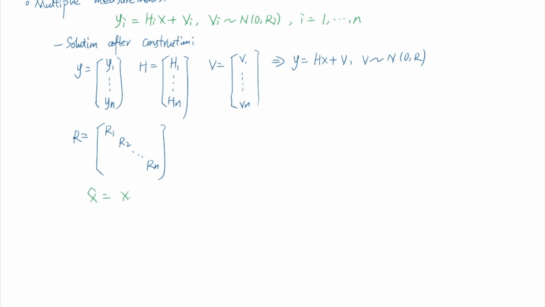In this case, we can just directly write the expression for the optimal estimate in the same format as the previous one, because we did a good job on the construction of the problem, basically. And we can also obtain the P matrix similarly.